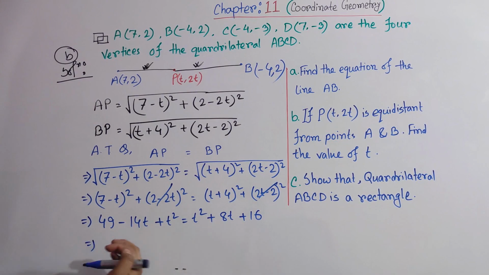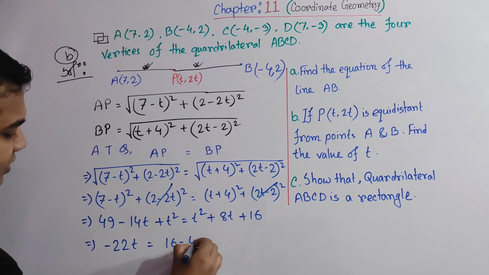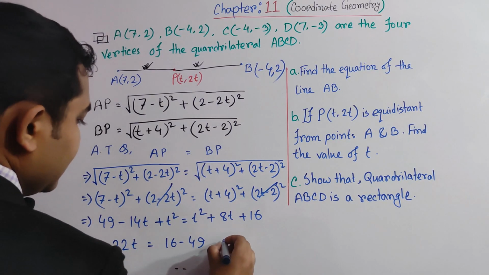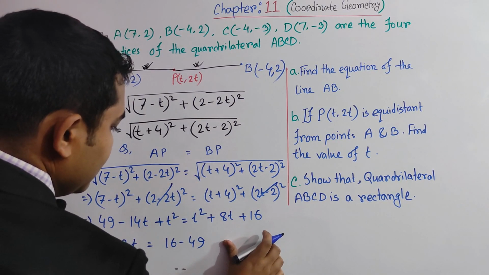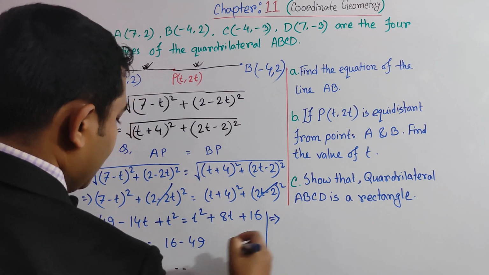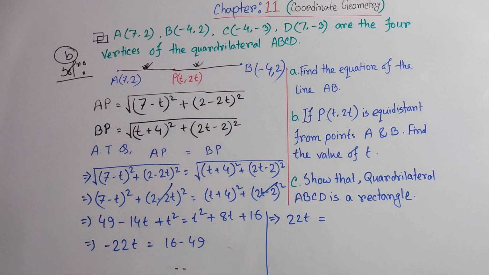If we take all the t on one side, 14 plus 8 is 22t, equal to 16 minus 49. So if we calculate, 22t equals 16 minus 49, which is minus 33.